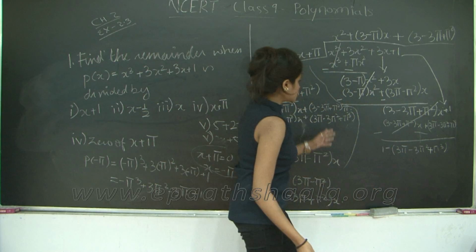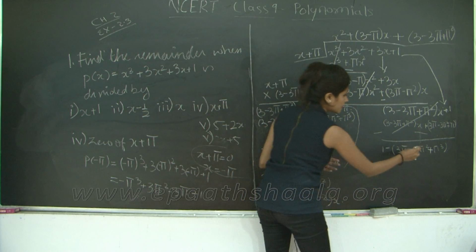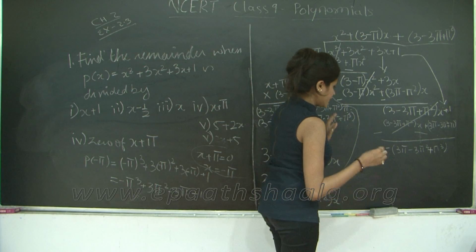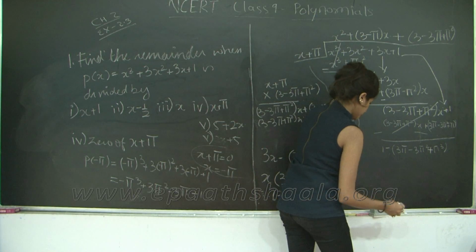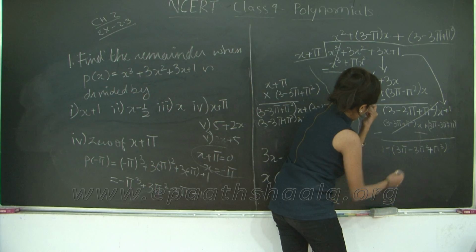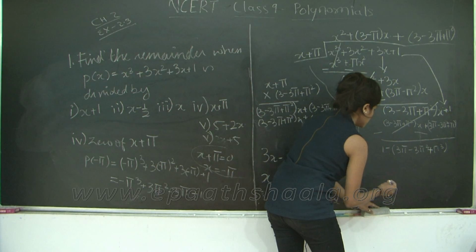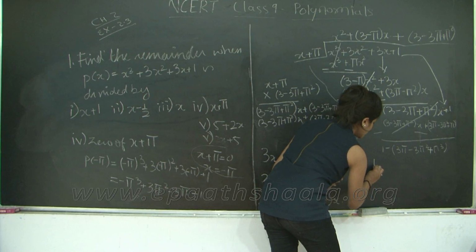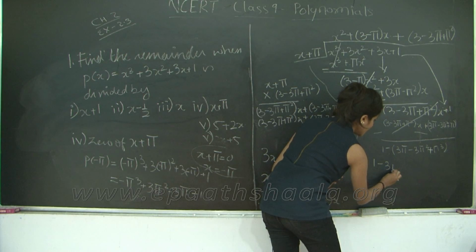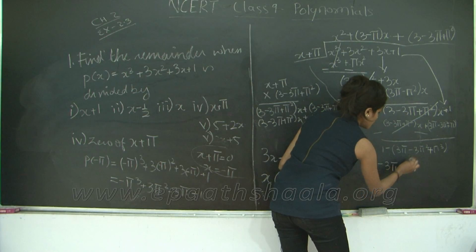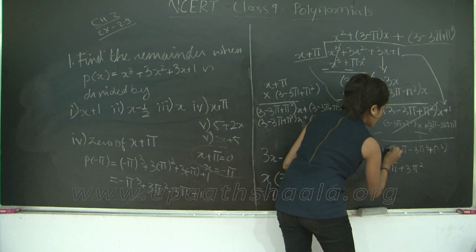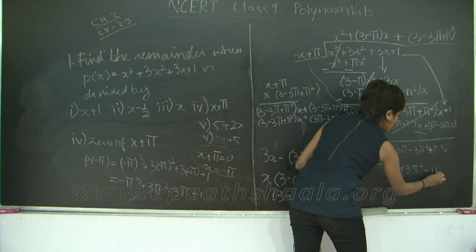So when the sum is usually wrong, you will end up making mistakes in the signs. So solve this sum very neatly, very carefully, take your own time, but just make sure you don't goof up like I just did now, because you will lose a lot of marks and it will be an infinite loop. This can be written as 1 minus 3 pi, minus into minus gives me plus 3 pi square, minus into plus gives me minus pi cube.